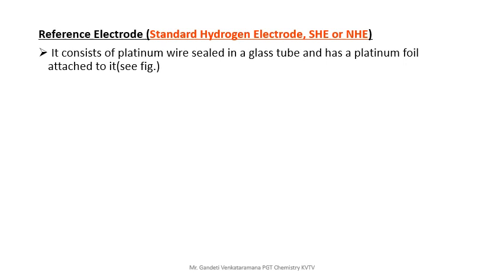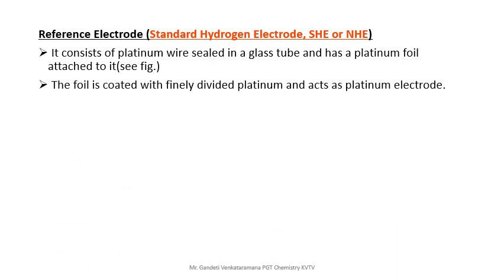First, it consists of a platinum wire sealed in a glass tube and has a platinum foil attached to it. See the figure, you can see later. The foil is coated with finely divided platinum and acts as a platinum electrode. So what is the electrode present here? Platinum, remember.